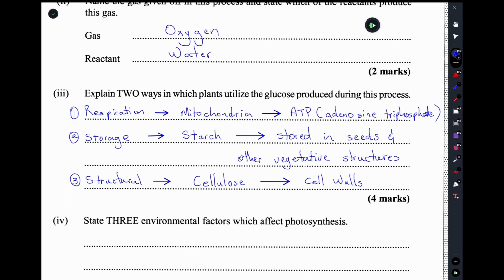And finally, one more example is a structural component to glucose in plants. It can be used via condensation polymerization to form cellulose, which is the main component in cell walls. Notice the mark scheme, 4 marks.